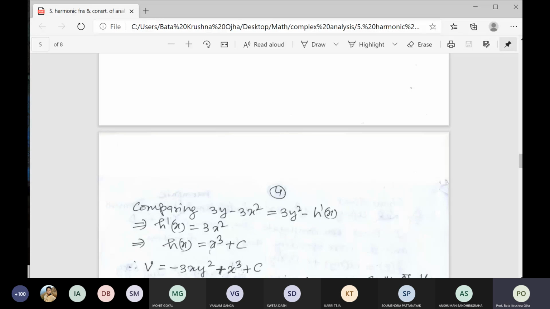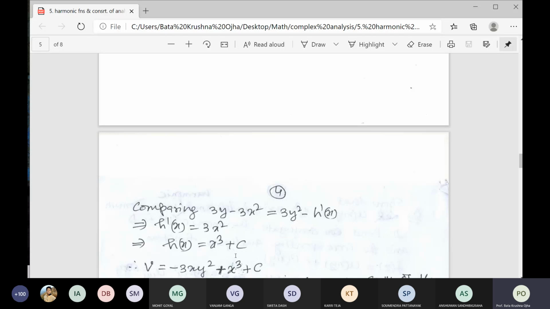That is the integration of x square is x cube by 3, the 3 cancels, x cube plus an arbitrary constant, not an arbitrary function, because your function h is a function of a single variable. After integration it gives an arbitrary constant.